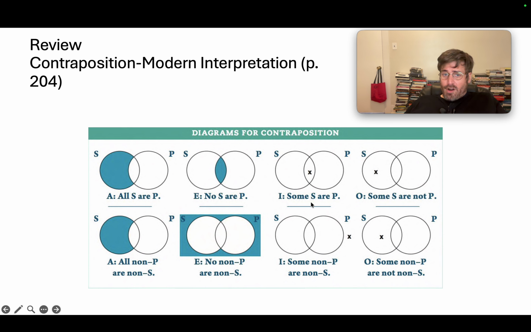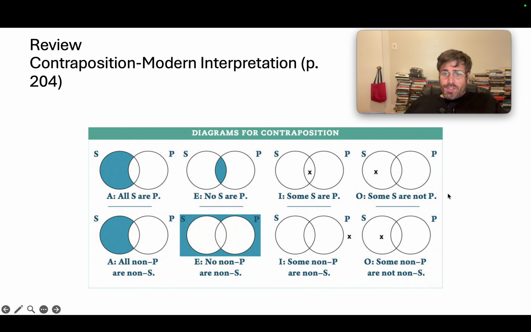For the particular I, some S are P, the contrapositive is some non-P are non-S, and we can see that the X, which began in region 2 in the area of overlap of S and P, is now in region 4. So these are not logically equivalent, and thus contraposition is not a valid inference for I propositions.